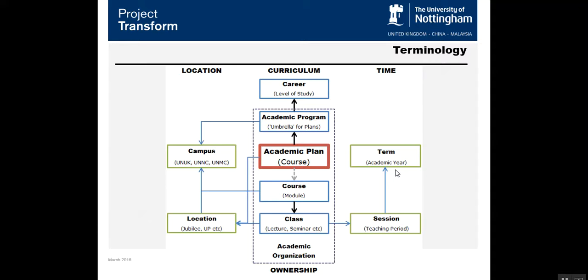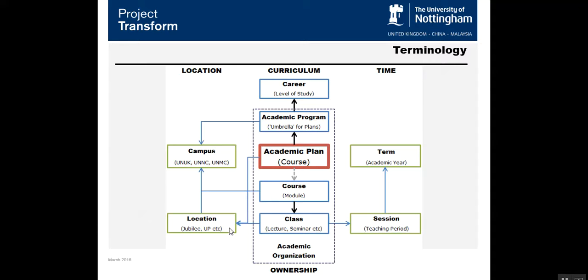Now, a term in Campus, that means academic year, so 2016-17, that's a term. So we have classes in terms for any course that is going to be running in that term. Classes are also attached to sessions. So a session being autumn semester, spring semester, or summer.